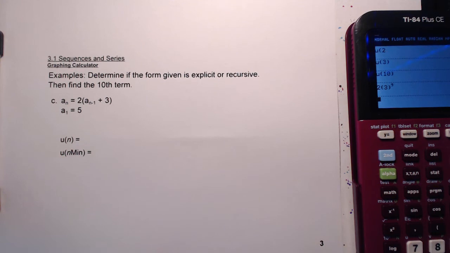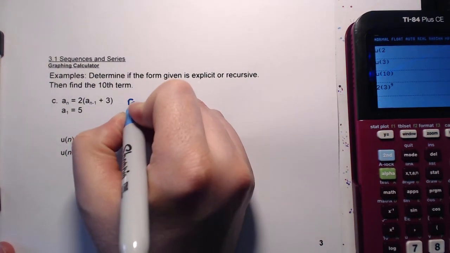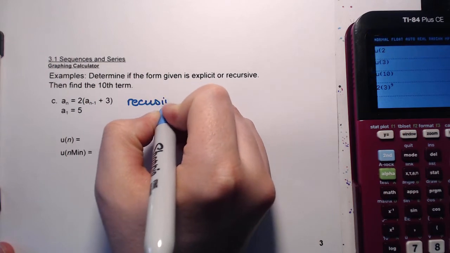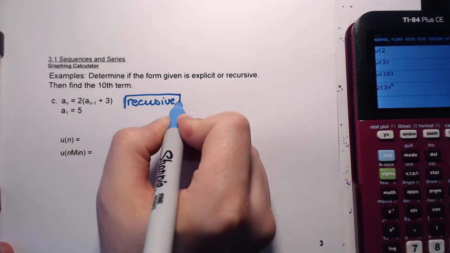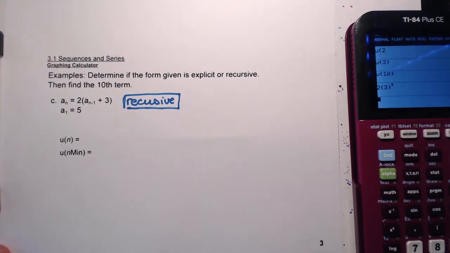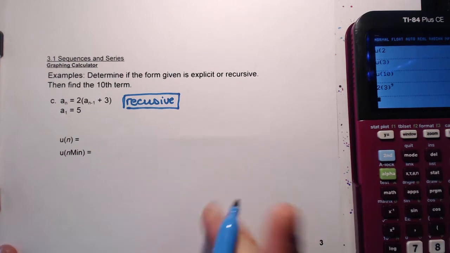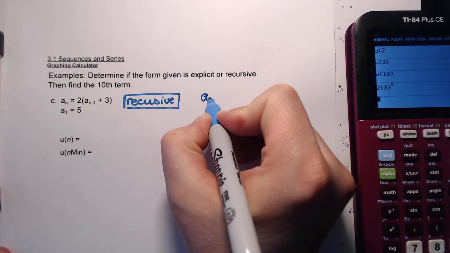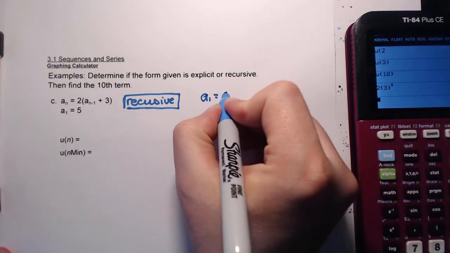And then to counter that, this is actually a recursive equation, because it's referencing a previous term. So we could find the 10th term by hand. We could say, okay, well, my first term is 5.